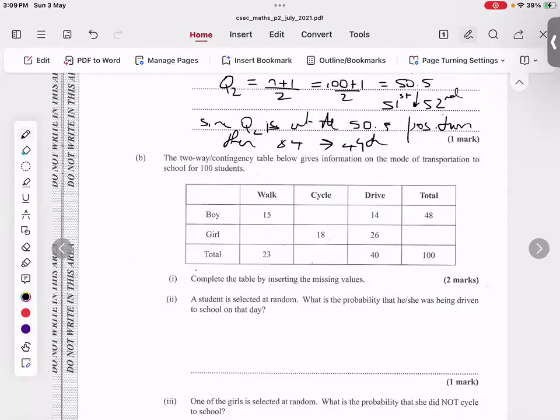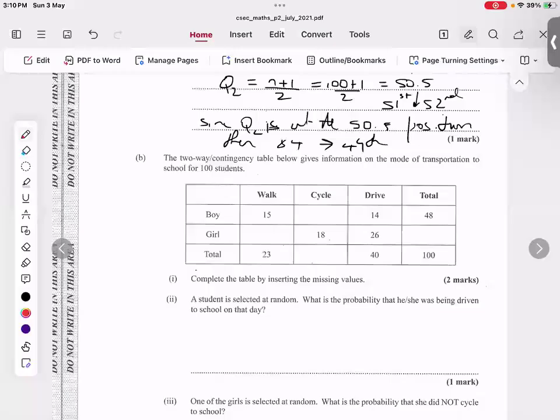We have 15 boys that walk. We don't know how many cycle. 14 drive, and in total, 48 boys are in the class. We don't know how many girls walk, but we know 18 of them cycle. 26 girls drive, and we can't figure out how many girls are in the class as yet. Well, obviously 15, 14, and take out from 48.